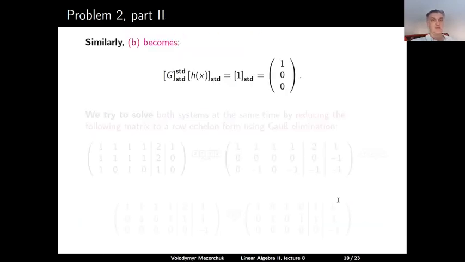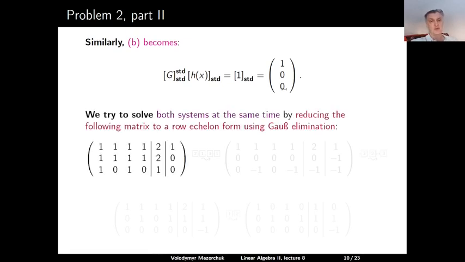And similarly, for part B, we have the system of linear equations where the matrix is the matrix of G in the standard basis, then we have the coordinates of h in the standard basis, and this product should be equal to (1, 0, 0). So to solve B, we need to show that such a non-homogeneous system of linear equations does not have any solutions.